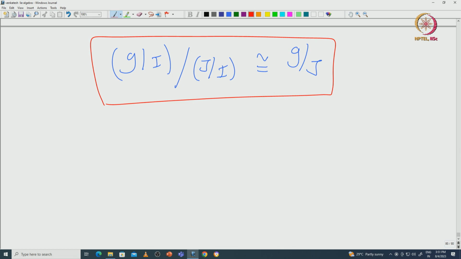Okay. So, the important thing is that one should cleverly use these theorems. That is really important. For example, I will tell you the way one uses it in practice.